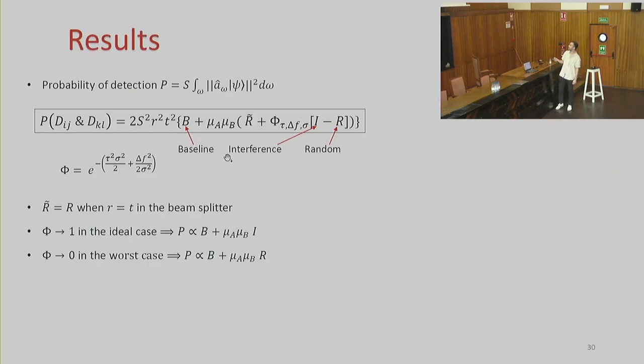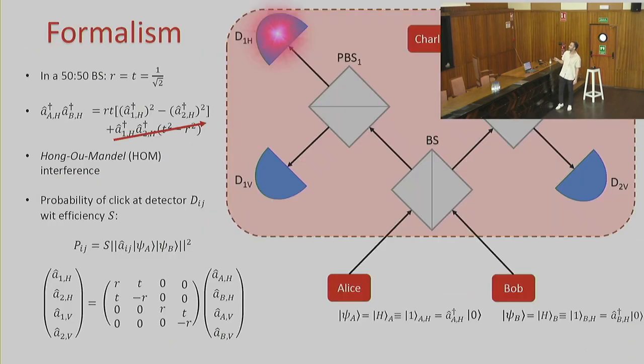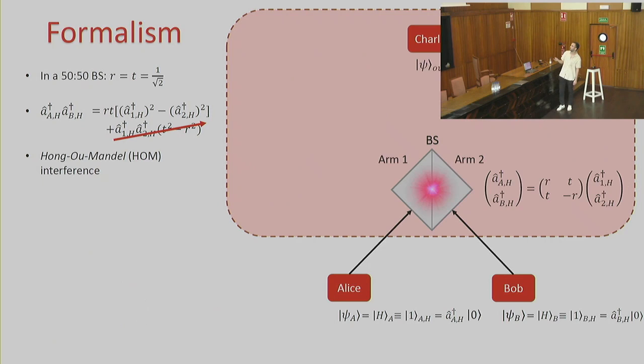Yeah, basically. Sorry, I went a little bit fast. You apply your creation operators here to the vacuum state. With this formula, you relate them. So here, what I'm doing is expanding them via this relationship. And in a 50-50 beam splitter, which I forgot to mention, the reflectivity and transmittivity of the beam splitter are the same.